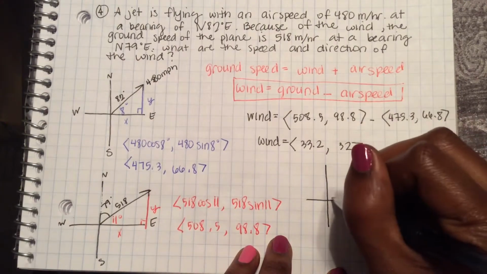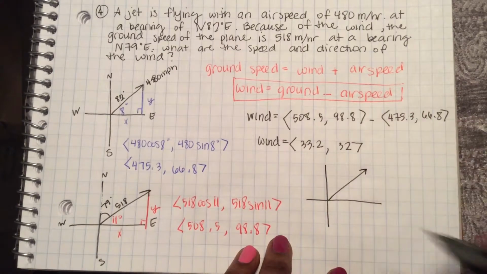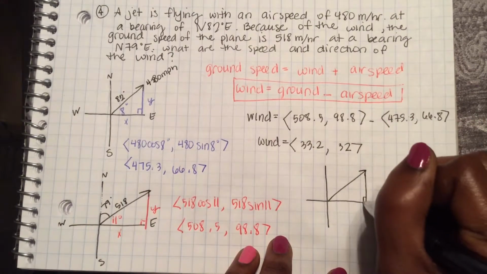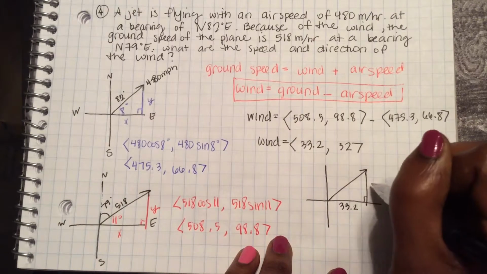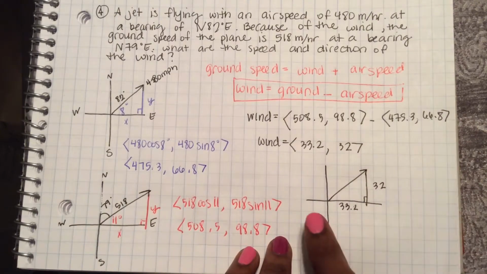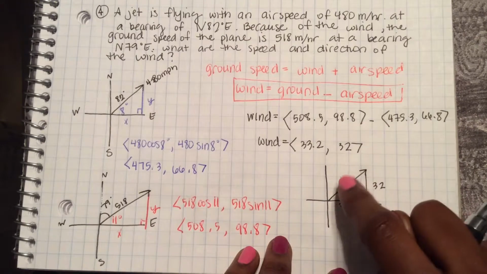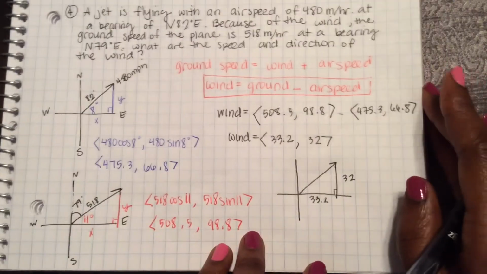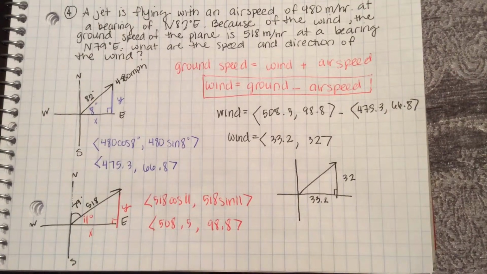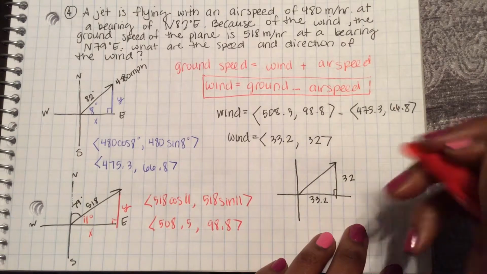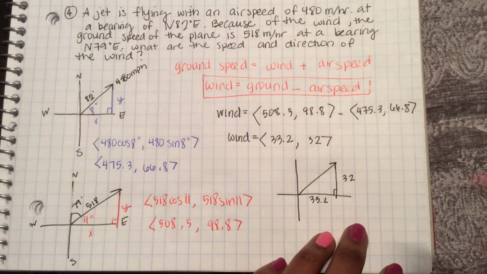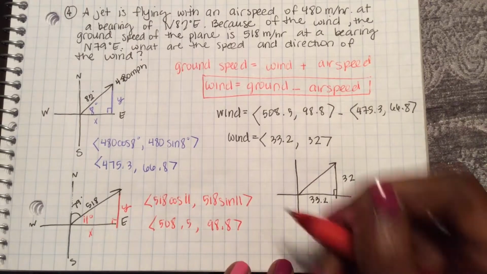33.2 and 32 is going to be in this positive quadrant. So this is 33.2, this is 32. So I need to find out the magnitude and the direction. First, the magnitude is pretty easy. We can just do the Pythagorean theorem to find the length of this vector.